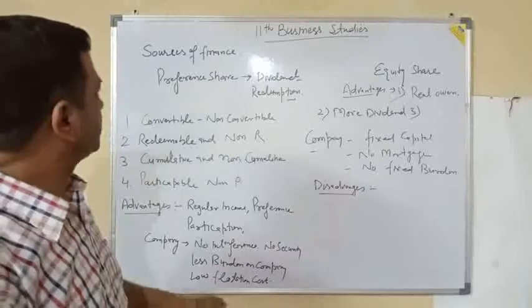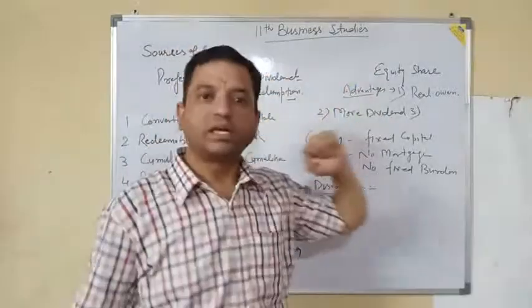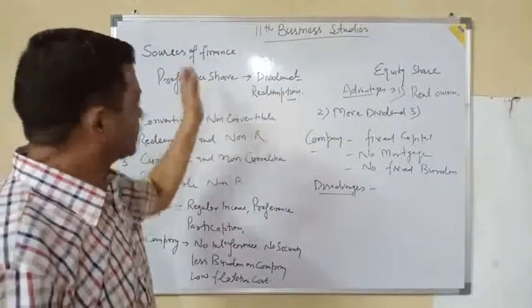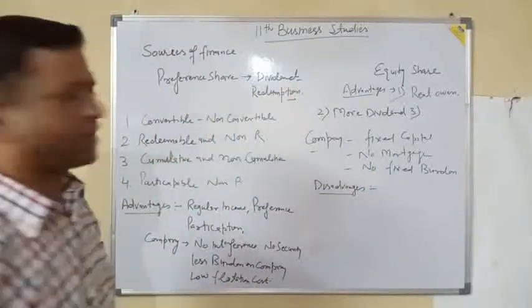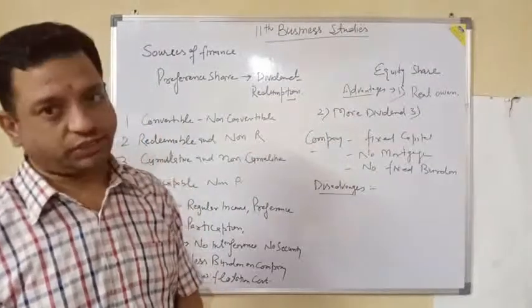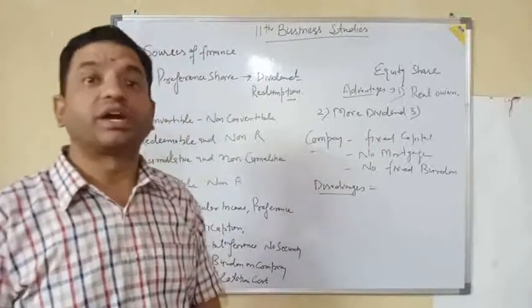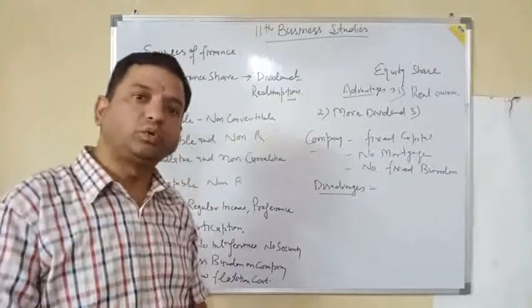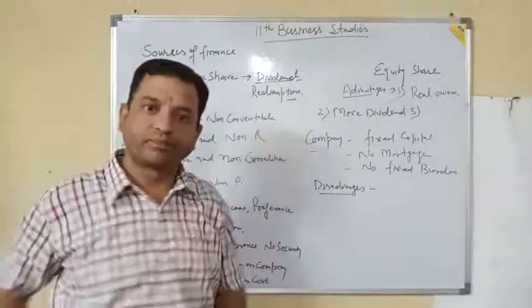And basically shares are of two types. One is preference share and second is equity share. Now, in order to understand which shares will be called preference and which will be called equity, you have to understand two things. Why does a person invest in shares? The very first purpose for investing the amount in a share is return. So the part of the profit which is given by the company to the shareholder is called dividend, right?